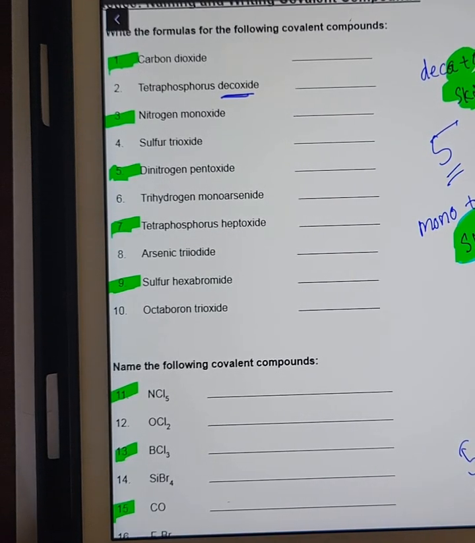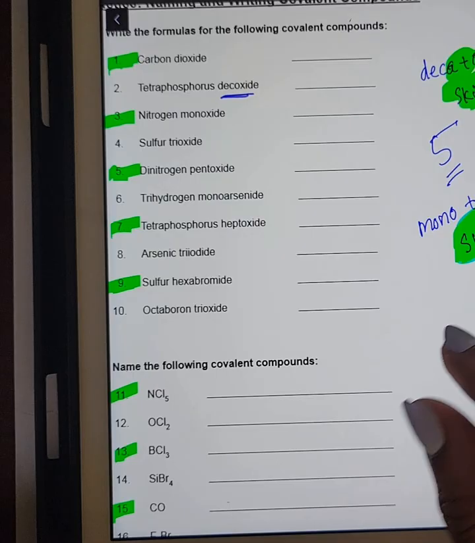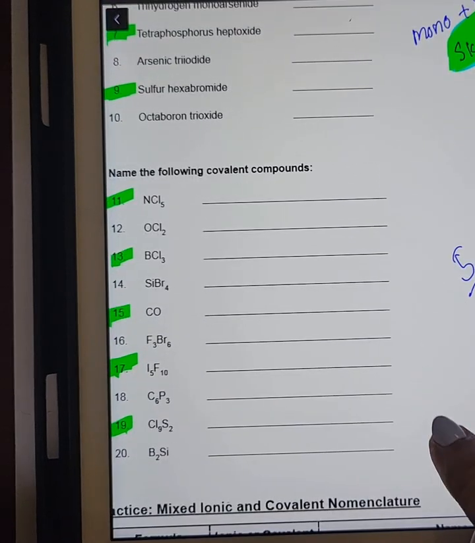So if there is an A and O together, skip A. If there are two O's, skip one O. But every other vowel will stay, okay? So remember that when you write the name.